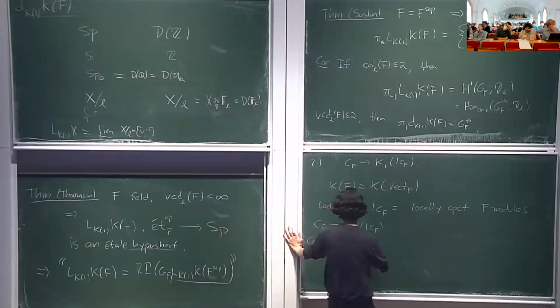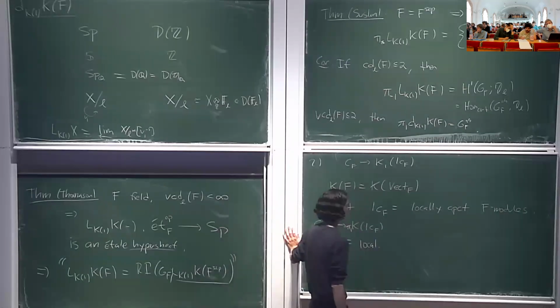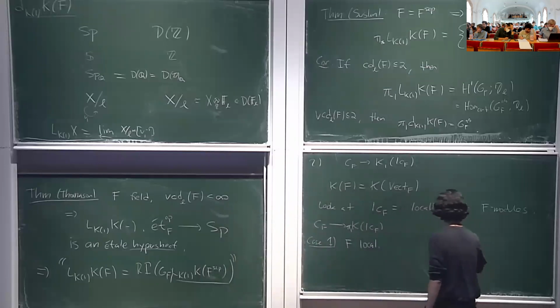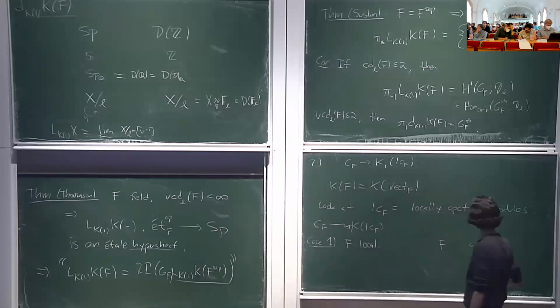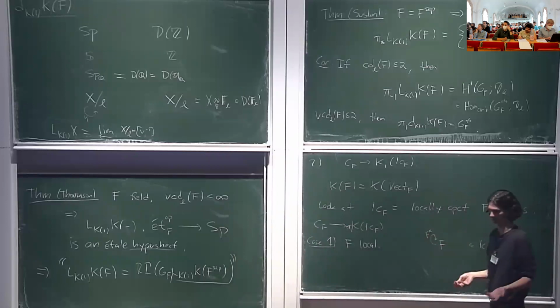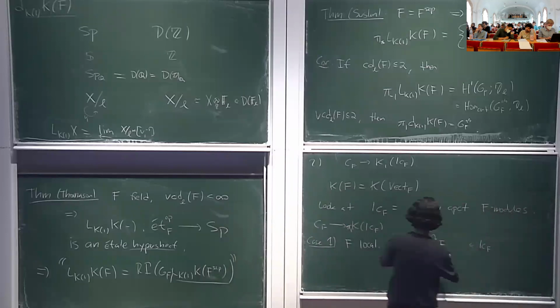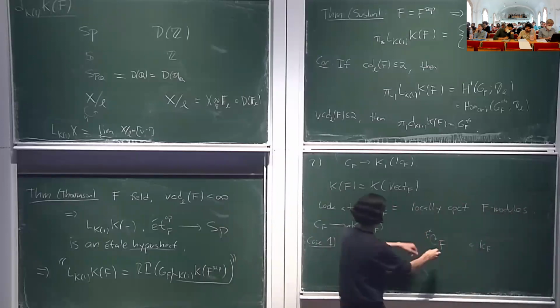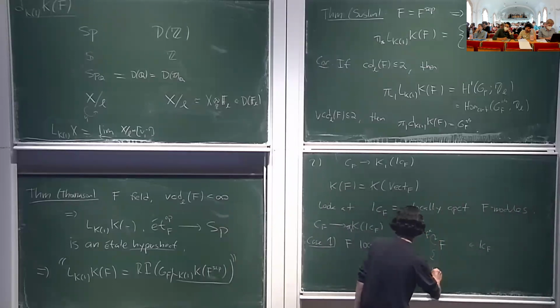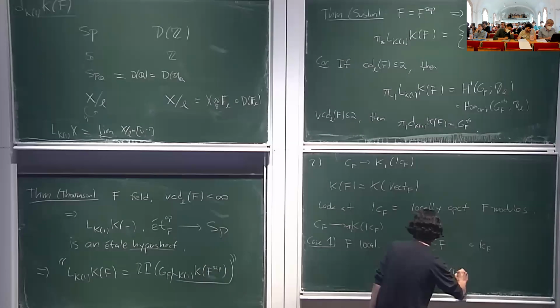Well, then F itself is a locally compact F module. But it also has automorphisms given by multiplication by units in F. And when you pass from this category to K-theory, this gives you a homomorphism from F cross to pi 1 of the K-theory of LCF, based at the point corresponding to this object.